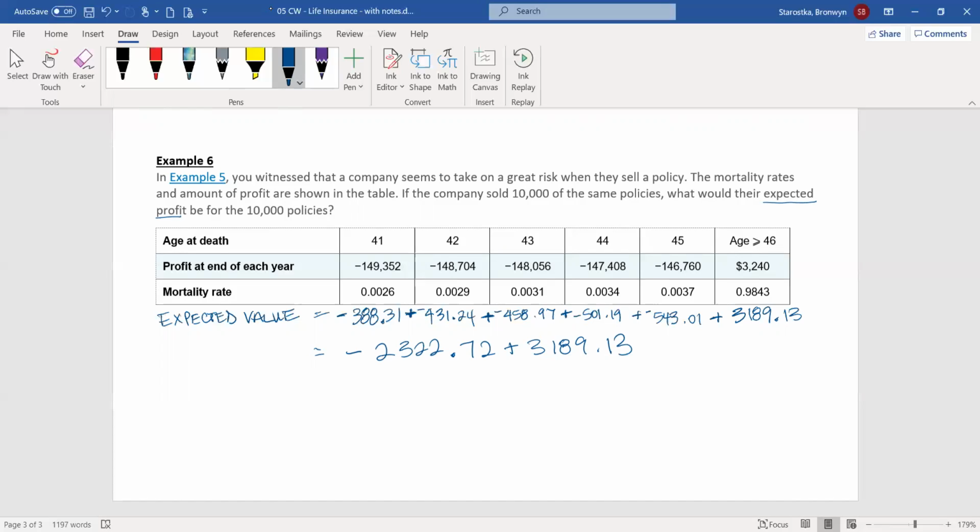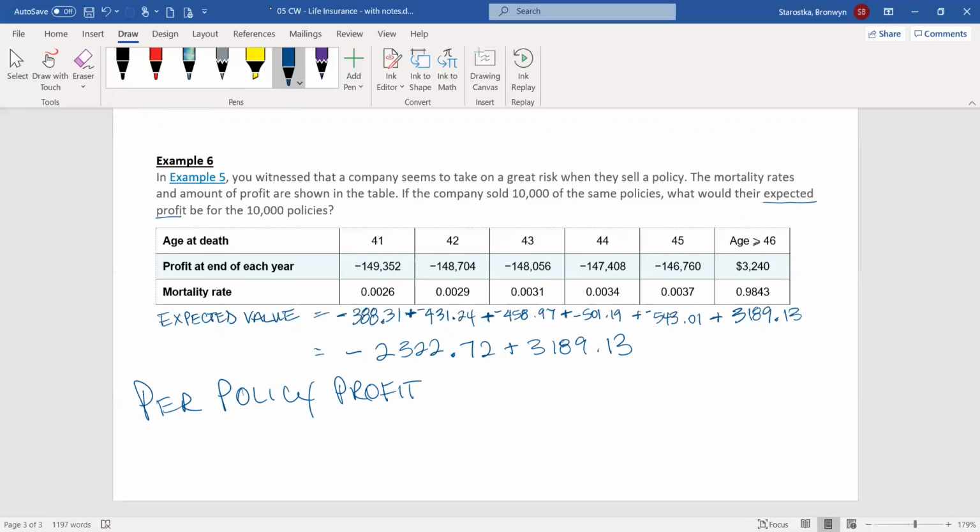So what would their expected profit be for one policy owner? So per policy profit, and this is all mathematical.